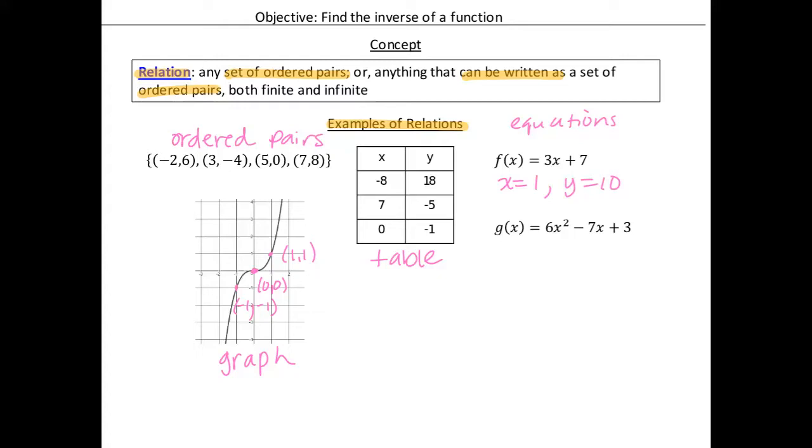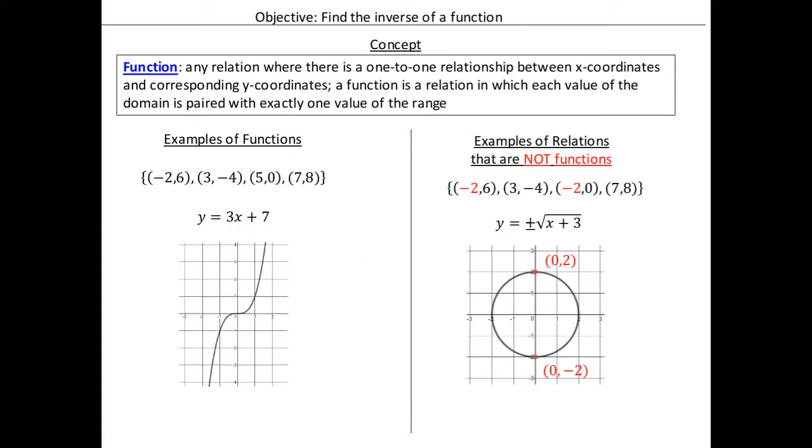All right, so let's look at now a function. How do you know if something is a function? A function is any relation where there is a one-to-one relationship between the x coordinates and the corresponding y coordinate. So a function is a relation in which each value of the domain is paired with exactly one value of the range. Okay?